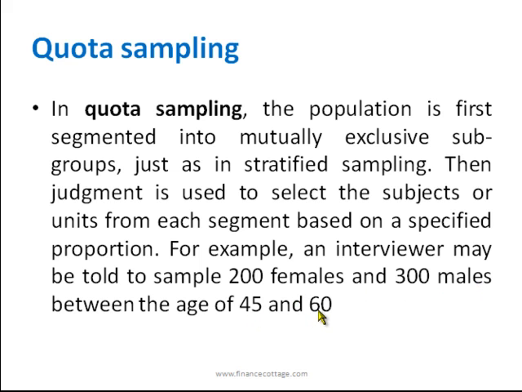So if we have a desired category or quality of the sample, that we want to select 200 females and 300 males, and the age is also specified as between 45 and 60, then we shall focus only on 200 females and 300 males and not more than this. So this is quota sampling.